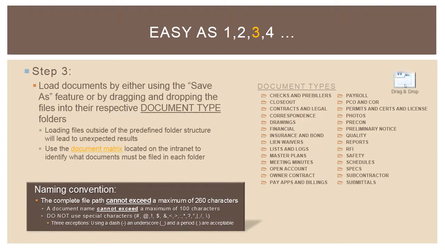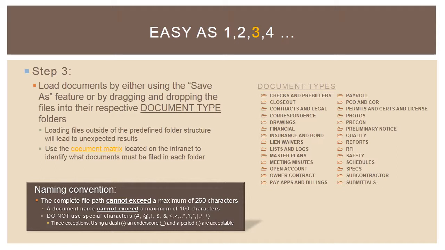Step 3. Load documents by either using the Save As feature or by dragging and dropping the files into their respective document type folders. Loading files outside of the predefined folder structure will lead to unexpected results. Use the document matrix located on the intranet to identify what documents must be filed in each folder. When naming files, please keep these rules in mind.